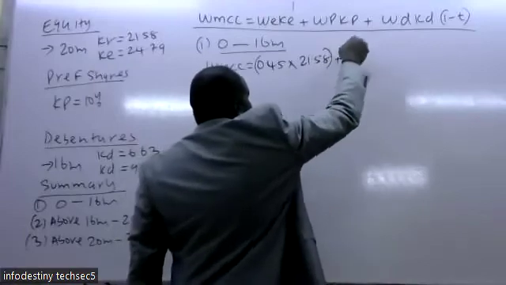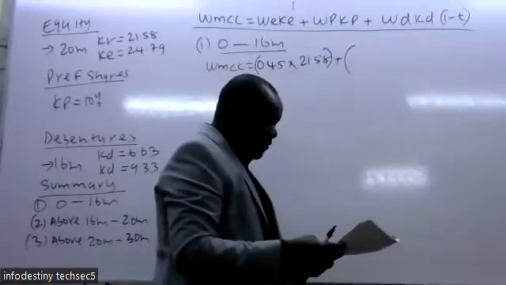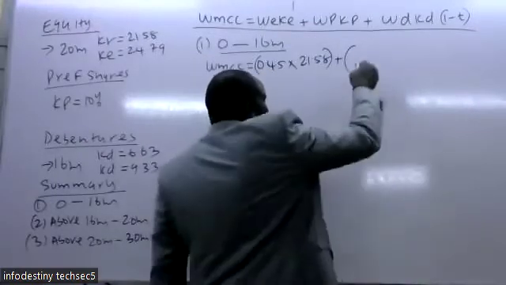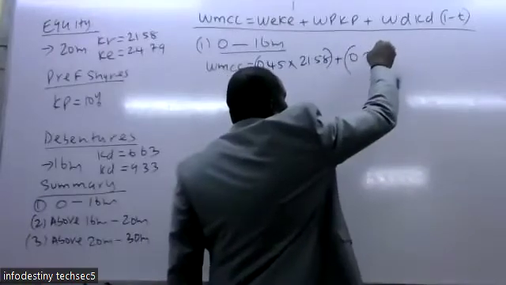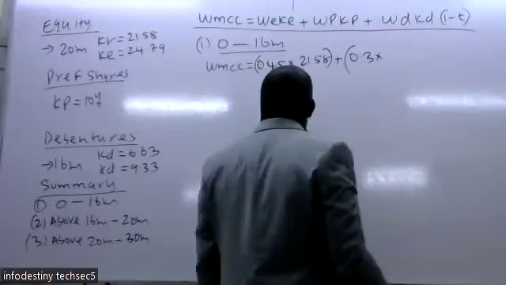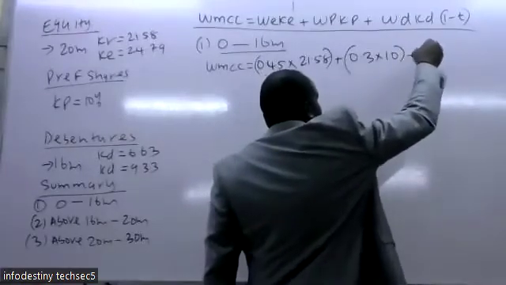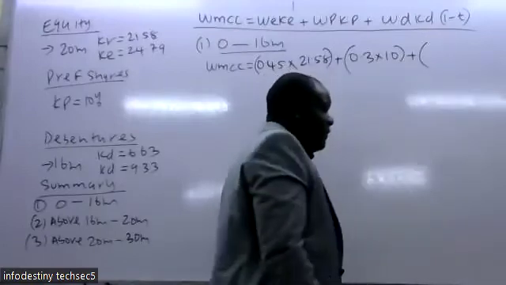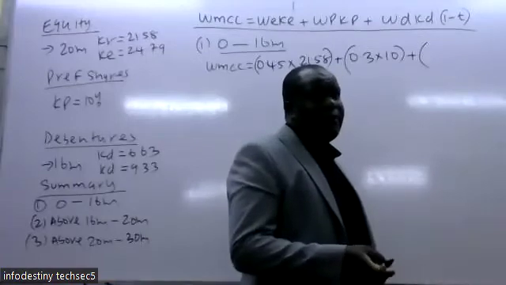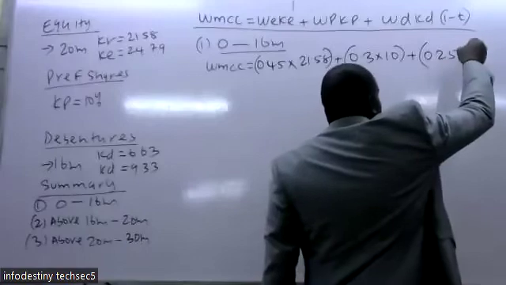The next one, the weight for the preference share. The weight for the preference share is 30%. So 30% is the same as 0.3. So there was no breakpoint for the preference share. It applied to all of them. That figure we got 10%. Then the weight for the debenture. The weight for the debenture is 25%. 25% is the same as 0.25.